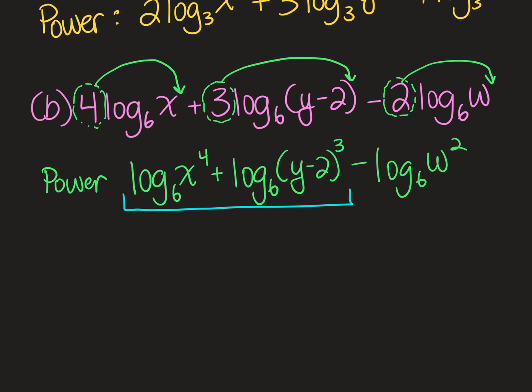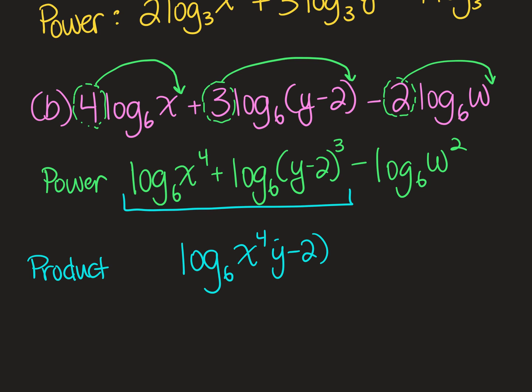All right, so I'm going to combine those 2 logarithms. What I notice is that they are being added together, which to me communicates that I have to use the product property here. So my product property says I can rewrite those as one logarithm where I'm going to multiply what was inside. So x to the 4th times y minus 2 cubed.